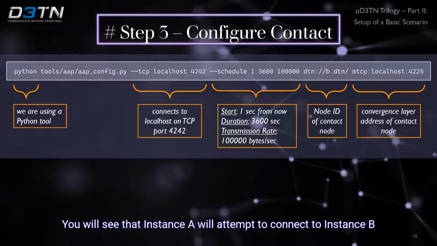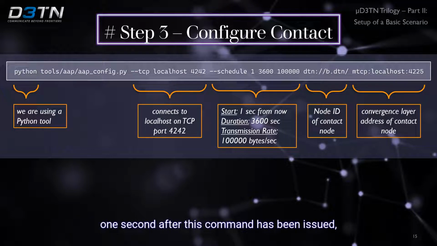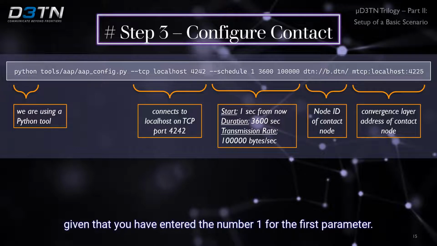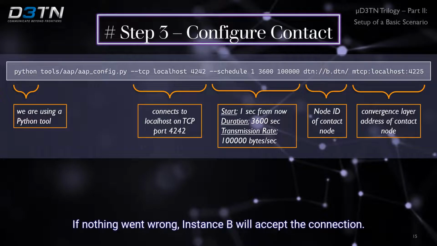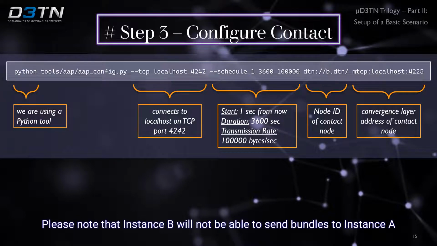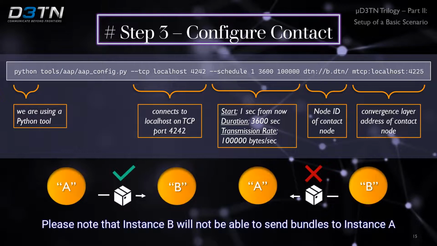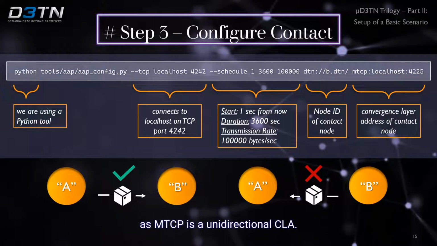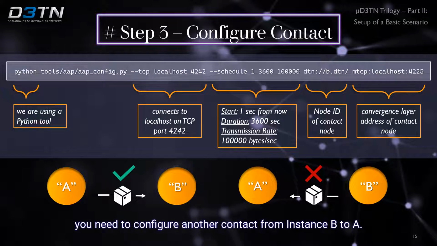You will see that instance A will attempt to connect to instance B 1 second after this command has been issued, given that you have entered the number 1 for the first parameter. If nothing went wrong, instance B will accept the connection. Please note that instance B will not be able to send bundles to instance A, as MTCP is a unidirectional CLA. For sending bundles the other way, you need to configure another contact from instance B to A.